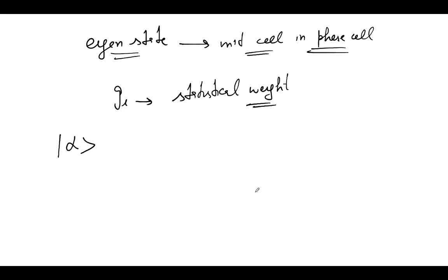If we have many other eigenvectors with this statistical approach, we can write the pure classical state as Q1 up to Qf, the position coordinates, and momentum coordinates P1, P2 up to Pf at each instant of time.